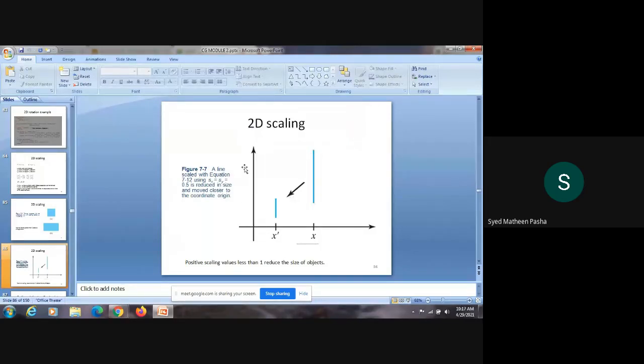Once the scaling is applied where the scaling factors Sx as well as Sy are lesser than 1, we reduce the size of the object. I can represent that object as x dash. So when the positive scaling value is lesser than 1, it reduces the size of the object. That is the reduction of the object. There is no enlargement in the object because the condition is met for lesser than 1.